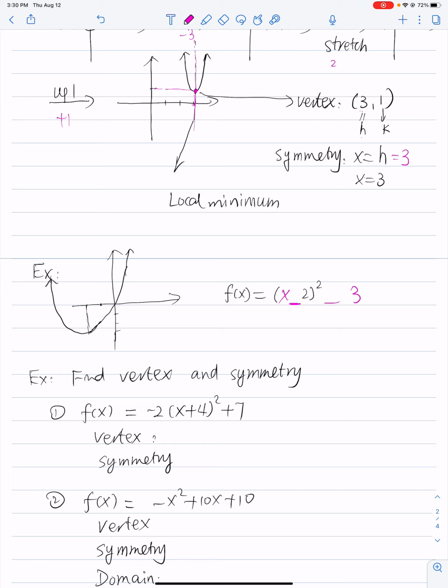So f(x) equal to, this is the equation of the parabola on the left. What should we have? Should we have plus, minus, multiply, or divide here? So let's look at here. What did we have here?